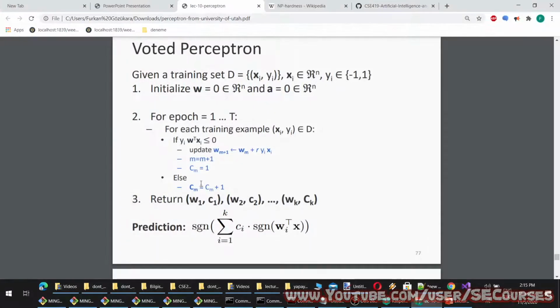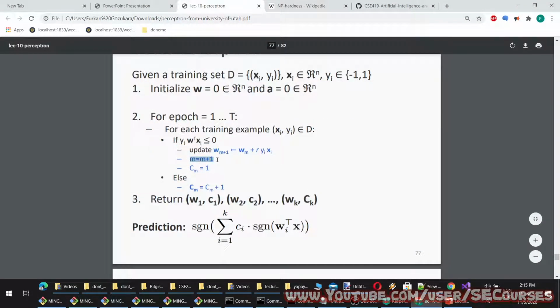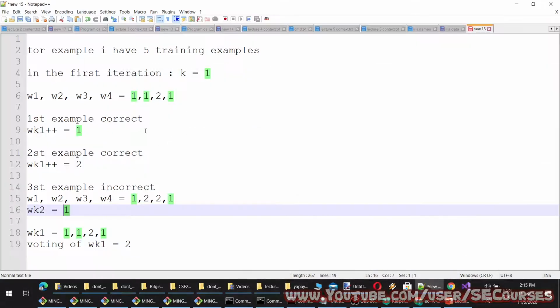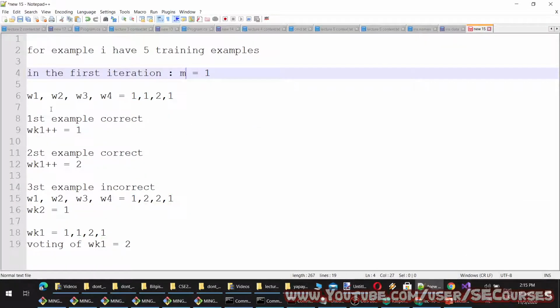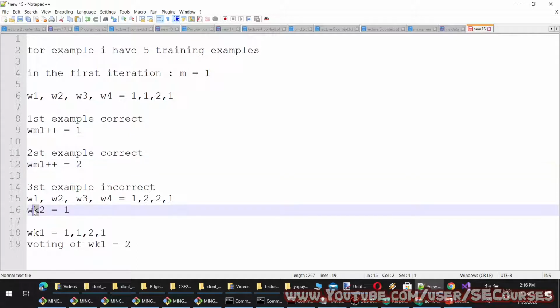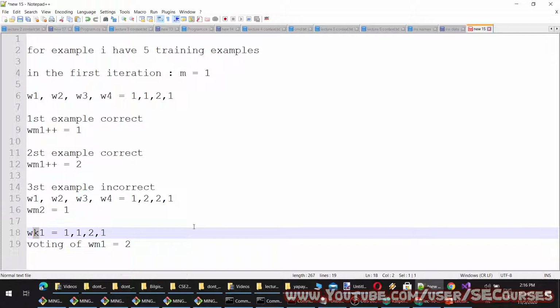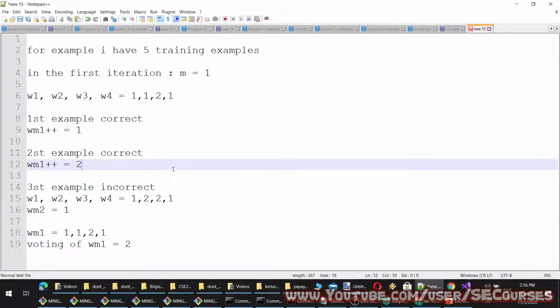As you can see, it increases the k value. Let's make it m, so it matches the slide better.